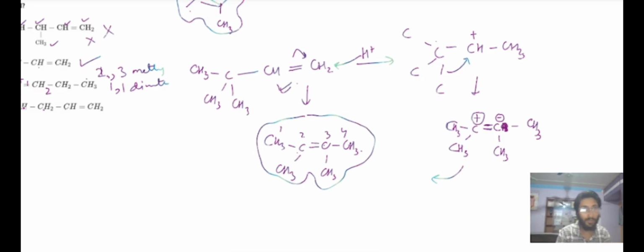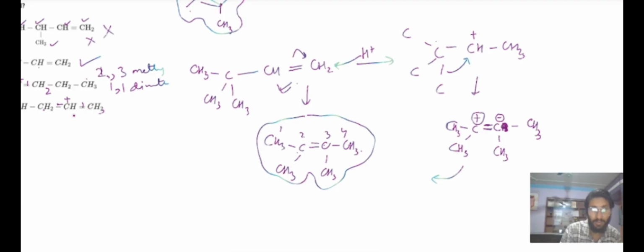And if we go on the fourth option, what will happen? This double bond will break, and this will be CH3. And there will be the positive charge. It can undergo rearrangement, but there is no way, because if it goes under hydride shift, the same secondary carbocation would be formed, so there is no need to get further rearranged. So the double bond can be like this here.